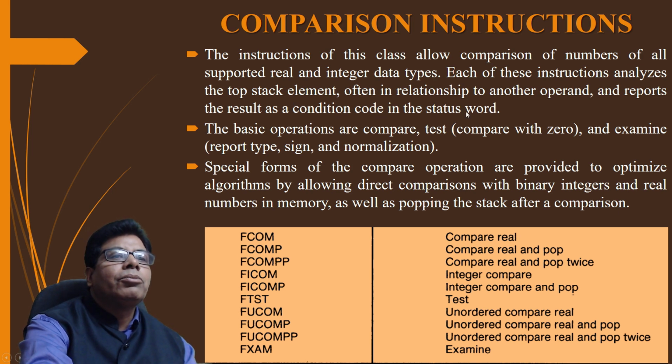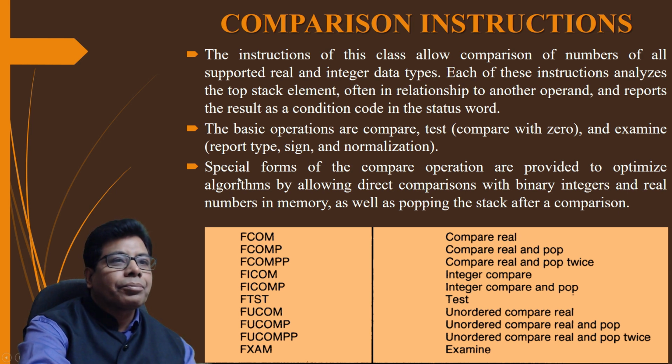In the previous video, we have discussed the status word. In that, we have the condition codes C0, C1, C2, and C3. So that will be used here. The basic operations are compare, test, that is compare with 0, and examine. These three operations we'll be discussing.